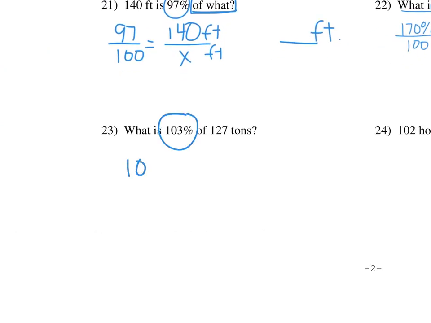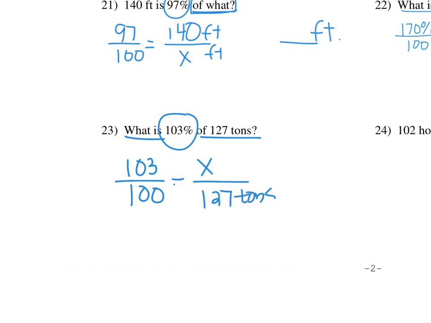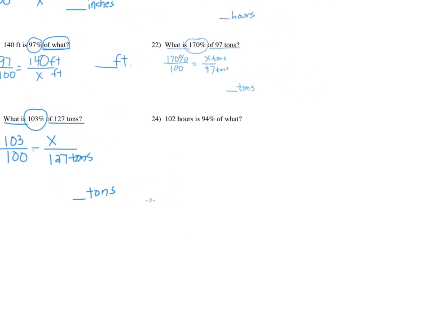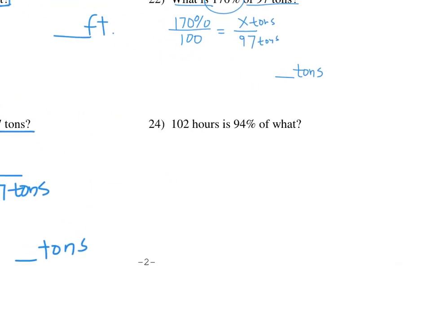103%. It's 103 over 100. What is? We don't know the is, of 127 tons. So your answer is going to be tons. And the last one, 94% over 100.